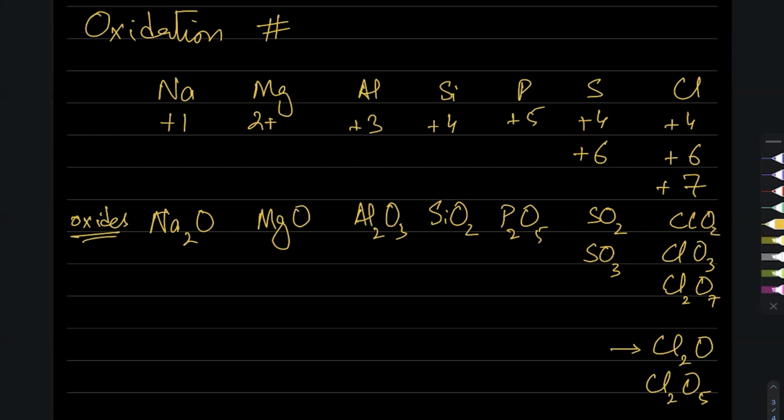Just recall, whenever you have different non-metals joined together, especially the ones that are very electronegative, you're going to assign oxidation numbers in that order. So if you have fluorine and oxygen joined together, you will start by assigning fluorine its oxidation number before you assign it to oxygen.